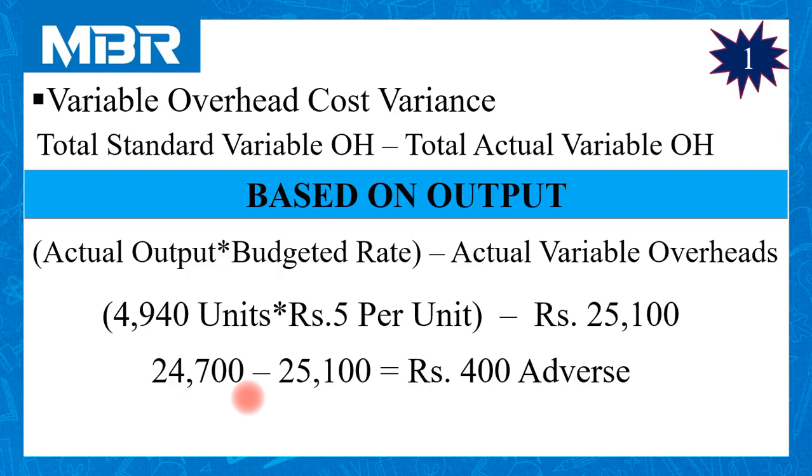But it is advisable to calculate on both grounds so you can verify your own answer, whether it's correct or not. If using both the methods you are getting same amount, it means you are on the right track. So it's a first signal to you that you are working on the right track of the calculation.